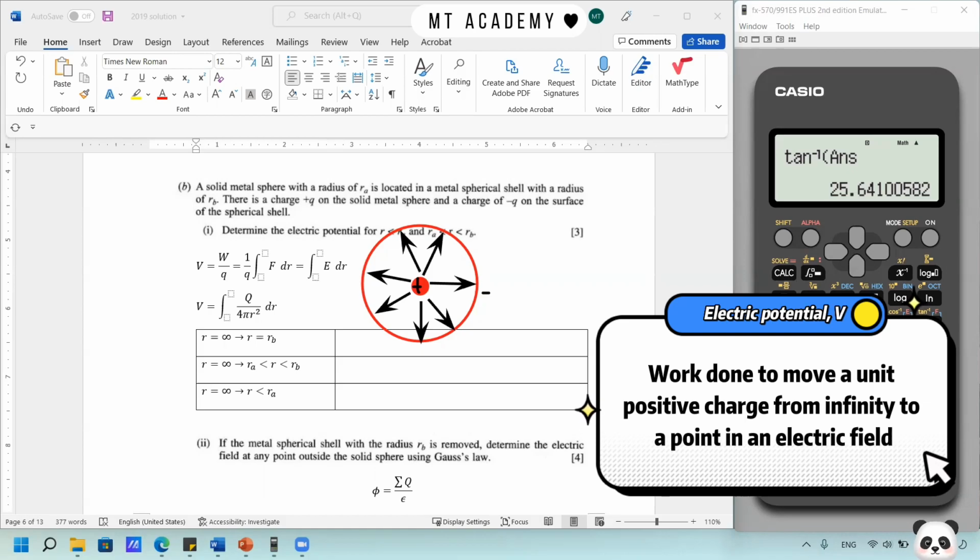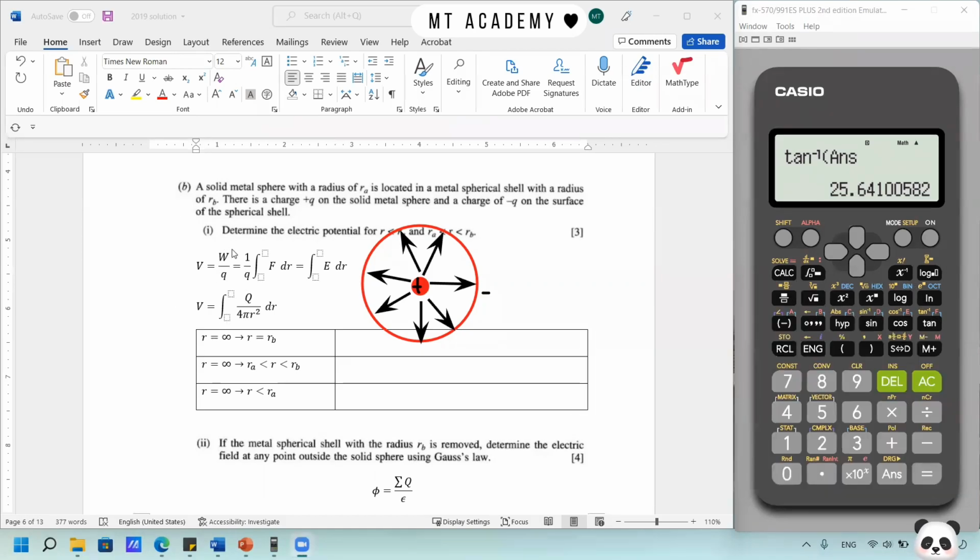If we continue to do the derivations, work done is the force multiply the distance, so here is the integration that we can do. Force divided by Q will be the electric field strength, and the electric field strength, we learned the formula is Q over 4 pi r squared. Here I would add another region, which is R equal to RB, for revision purpose.